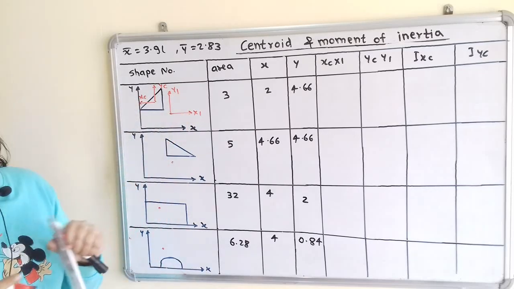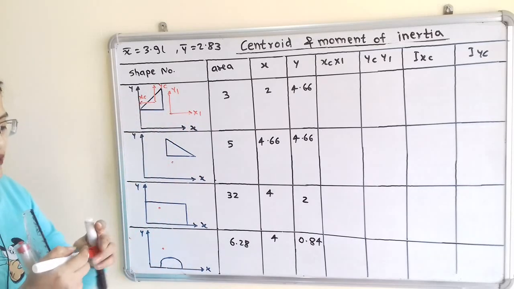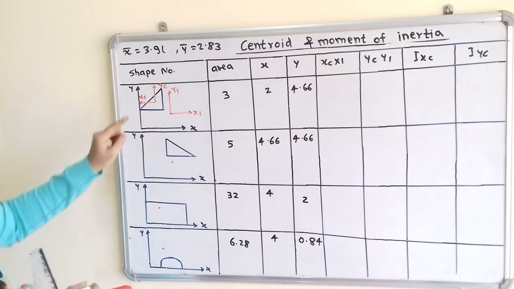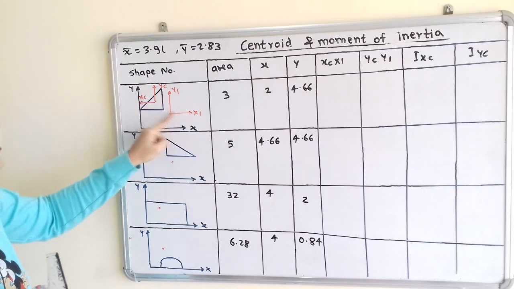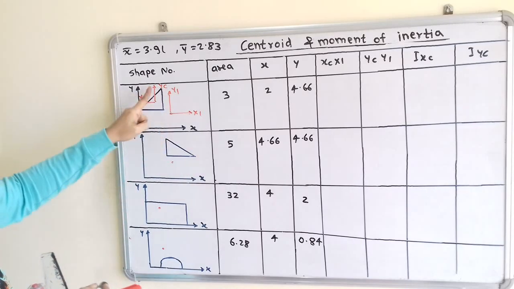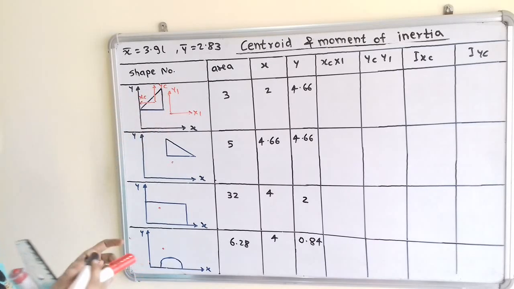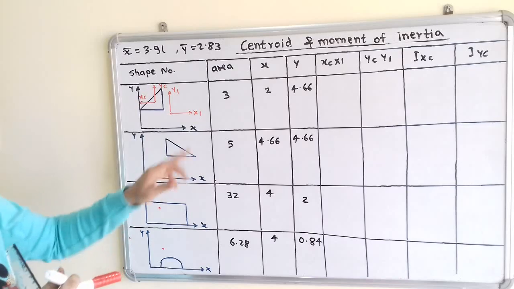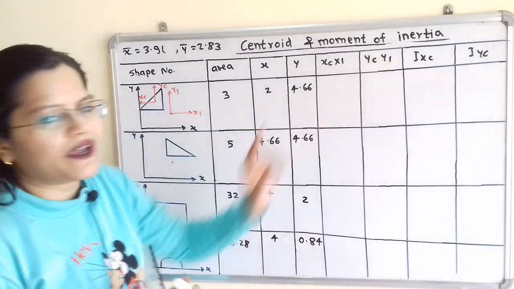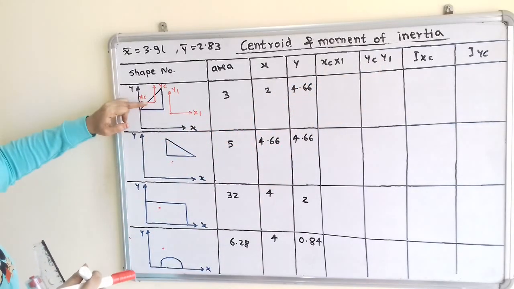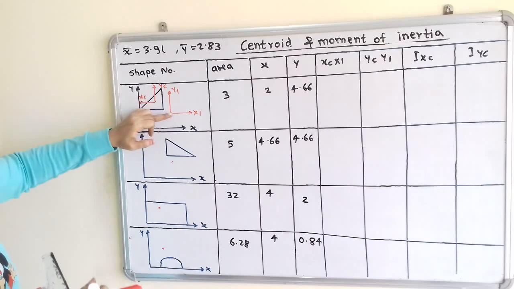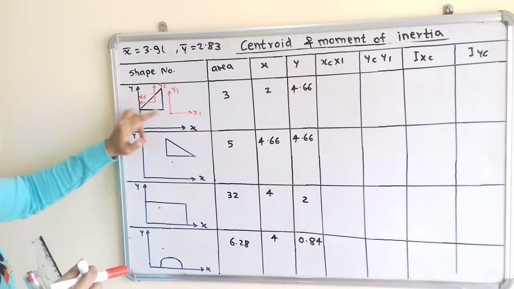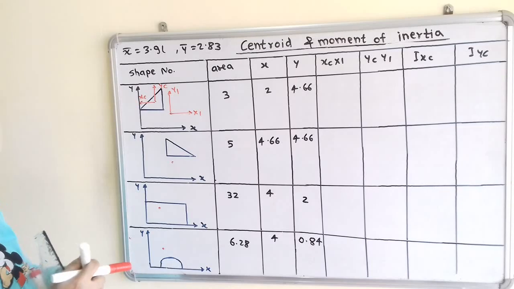Now we are going to use parallel axis theorem. So we have to first find out distance in between these two parallel axes. So if we observe yc and y1 are parallel to each other, so how to find out the difference in between this, that is yc y1 distance? In the same way we have to find out xc x1 distance, because these two axes are parallel to each other.